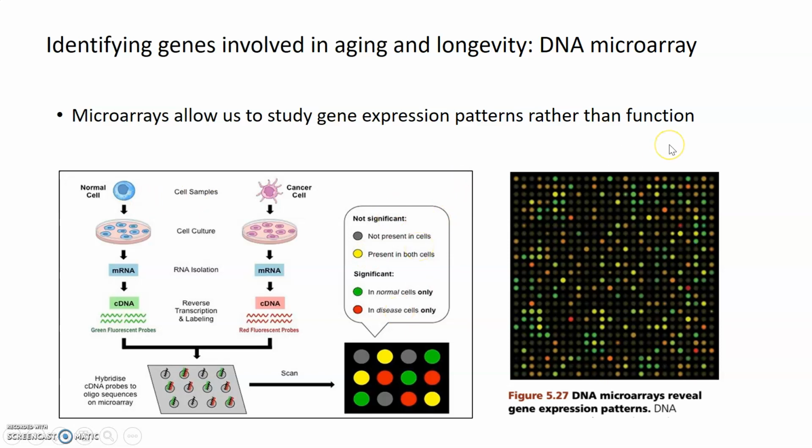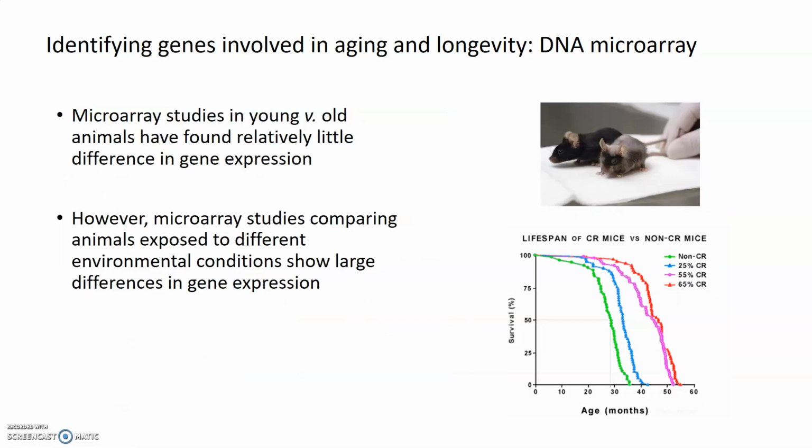And so you can make those sort of interpretations about genes that might be involved in aging by comparing the microarray, by comparing profiles of kind of younger and older cells or younger and older animals. And start to be like, okay, these genes are important for aging and longevity, these genes might not be involved.